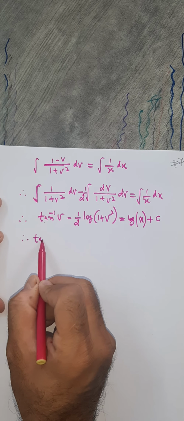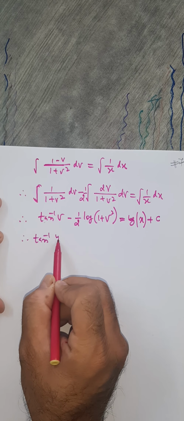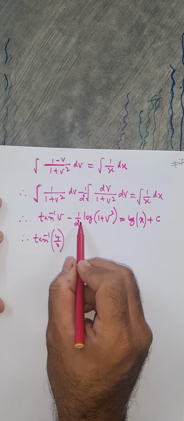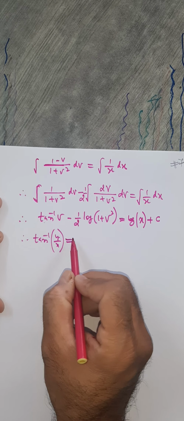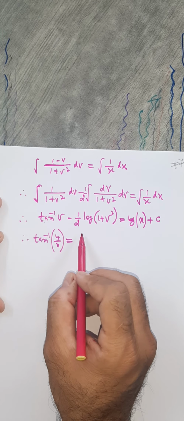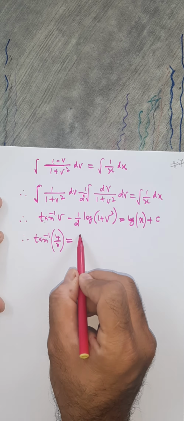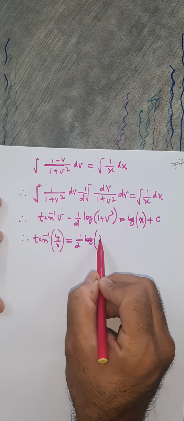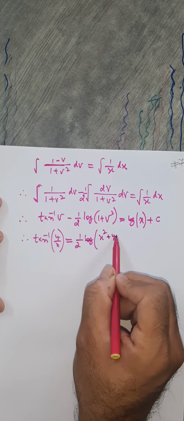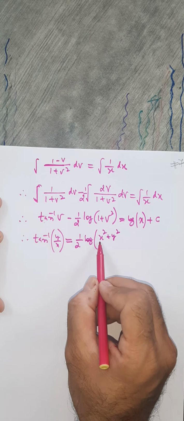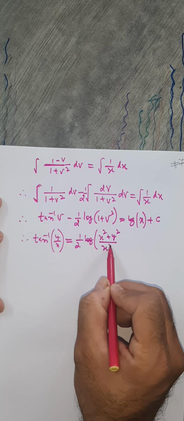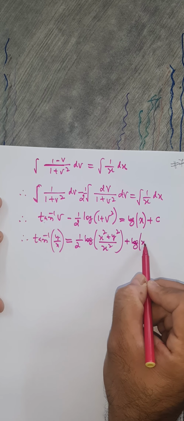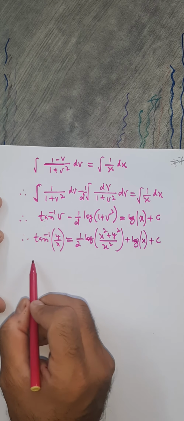Now I'll place the value of v. So tan inverse y by x equals, I'll take this one over there, 1 upon 2 log of (x squared plus y squared) by x squared, because v is y by x, plus log x plus c.